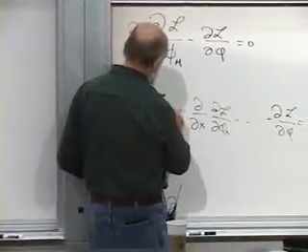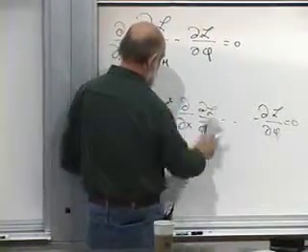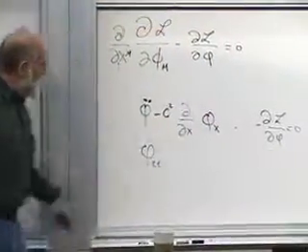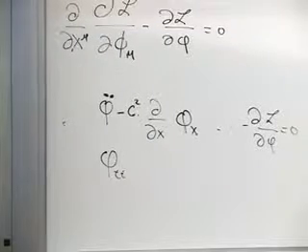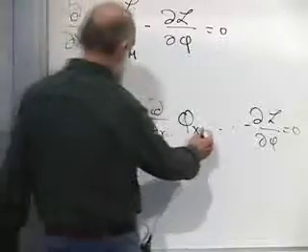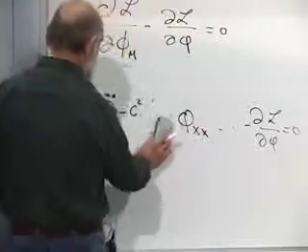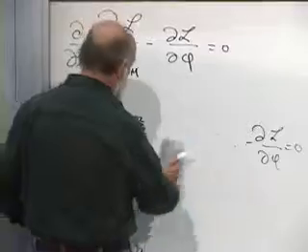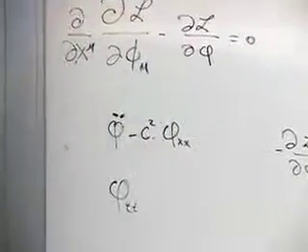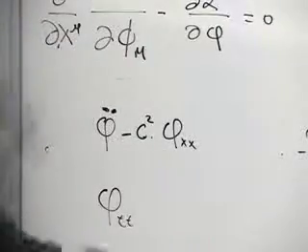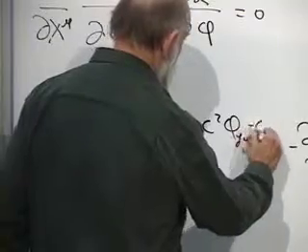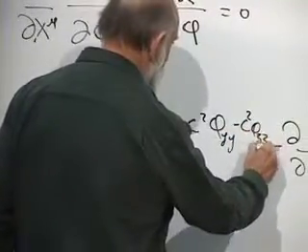Minus c squared phi x. What's the derivative of phi x with respect to x? Phi xx. 2 derivatives. I'll write it out in longhand in a moment. And likewise for y and z. So there's minus c squared phi yy minus c squared phi zz.